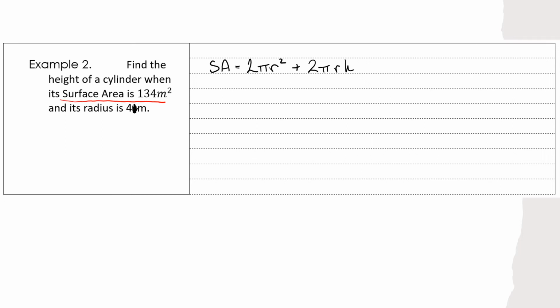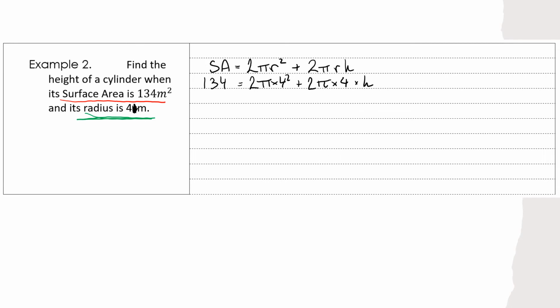So instead of surface area, we're going to write 134 equals 2 pi, now radius says here is 4 meters. So instead of r, we're going to write times 4 squared plus 2 pi times 4 times h.